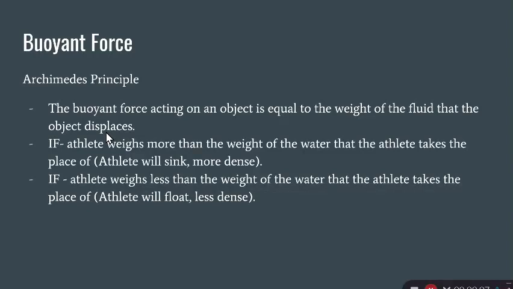The example I like to use is a bathtub. If you fill up a bathtub, the water is going to be maybe halfway up the tub. But if you get into the water and submerge yourself, that water level is going to rise. The amount that the water rises in the tub is the amount of water that we displaced based on the size of our bodies.